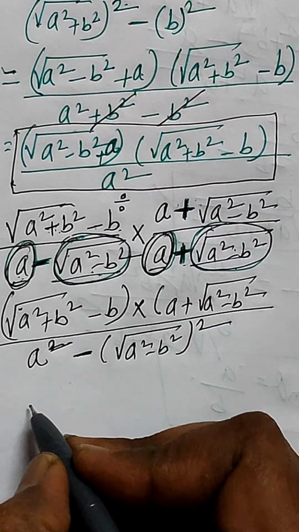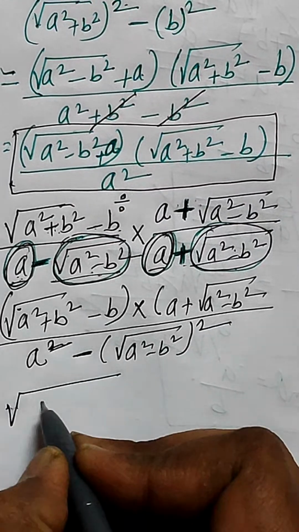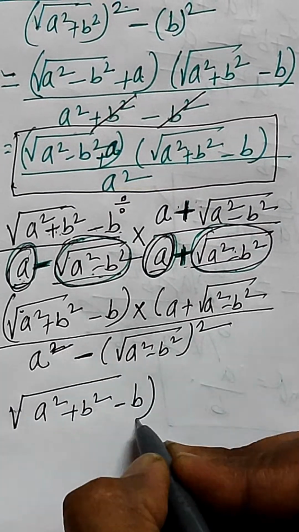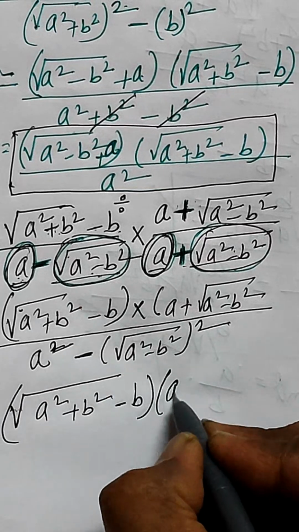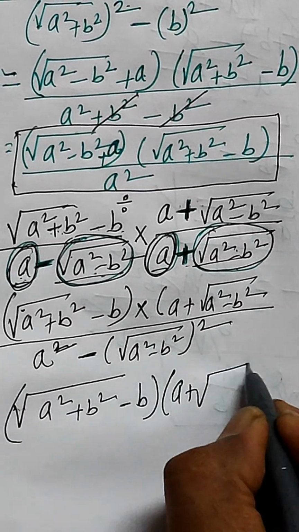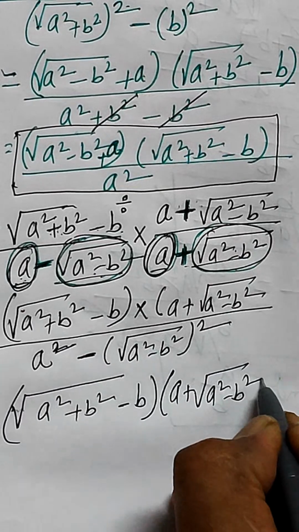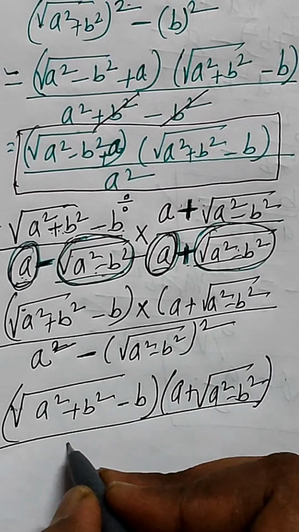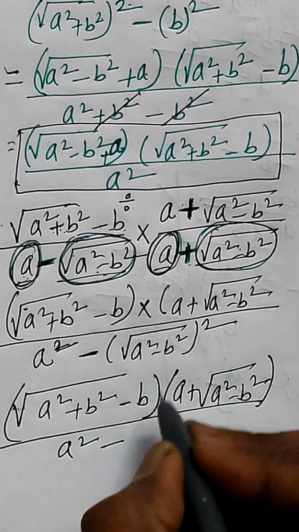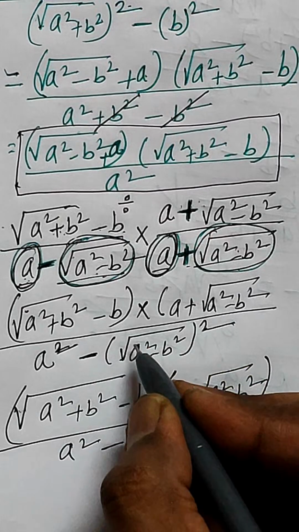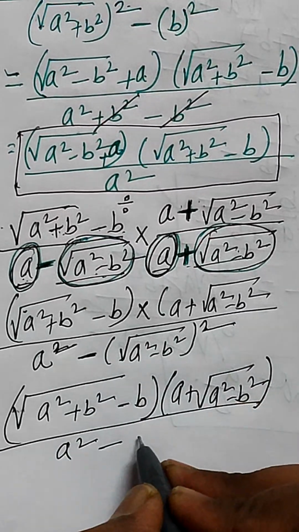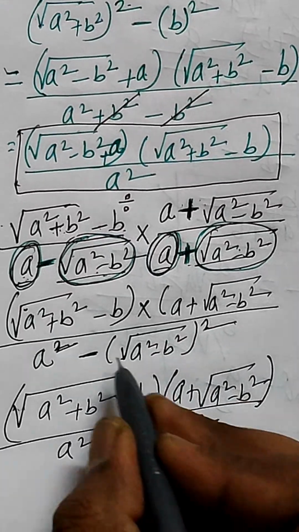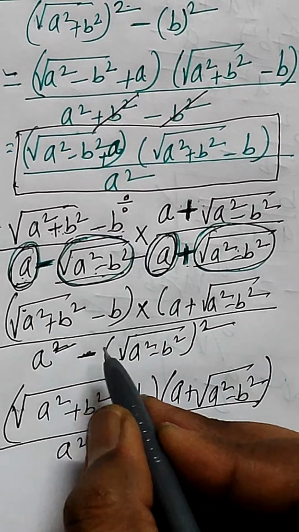So this will give you root over of a square plus b square minus b into a plus root over of a square minus b square, divided by a square minus, and this root is squared, so this root will be eliminated. So into the denominator we are having minus a square plus b square, because this minus is also there, so you need to consider it.